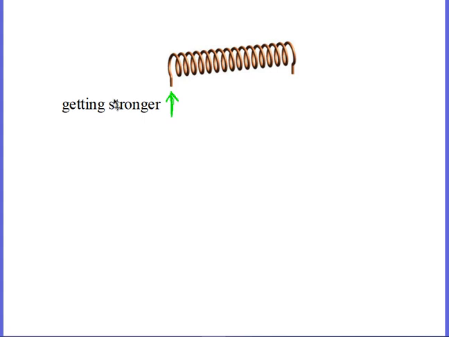Now, if the current is getting stronger, then the magnetic field is changing, and changing magnetic field means changing flux. And if you have changing flux, what are you going to get? Indeed. But the magnetic field was going in a particular direction, and it's going to be getting stronger in that direction.